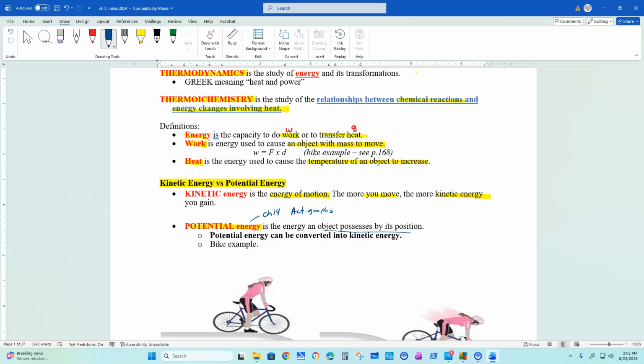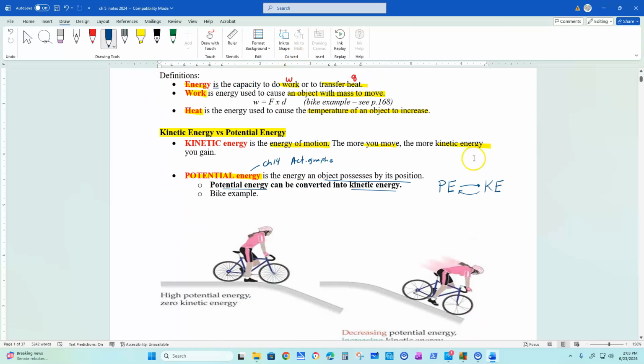That is potential energy. But we can always change that potential energy and convert it into kinetic, and we can go both ways. So potential energy, I can convert it to kinetic. Now I have moving motion. But I can also convert it back into energy of position. So I want to give you an example of a bike.